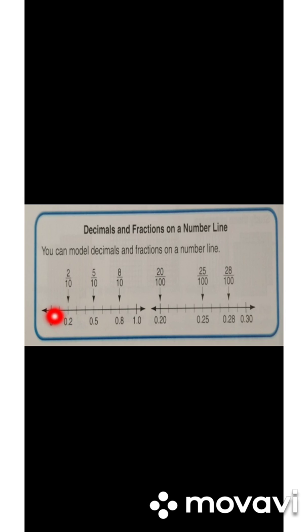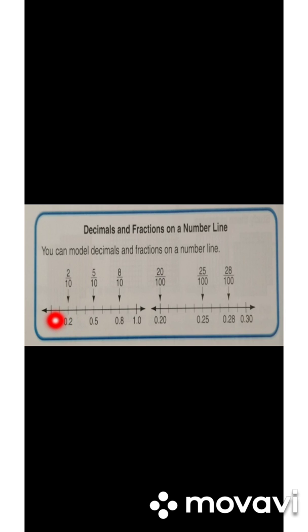Let's count them. 1, 2, 3, 4, 5, 6, 7, 8, 9, 10. So this number line is divided into 10 spaces.